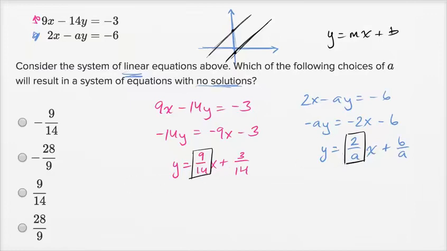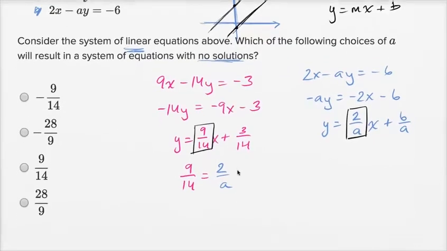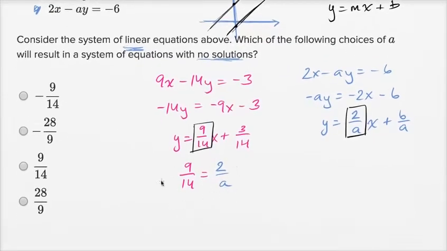So we know that 9 over 14 needs to be equal to 2 over a. Sometimes people say cross multiplying, but I like to just do logical algebraic operations. We can take the reciprocal of both sides, and let me swap both sides.